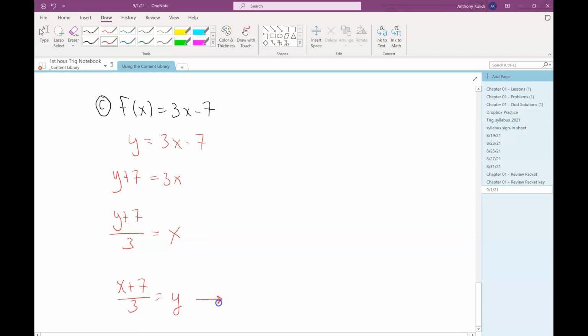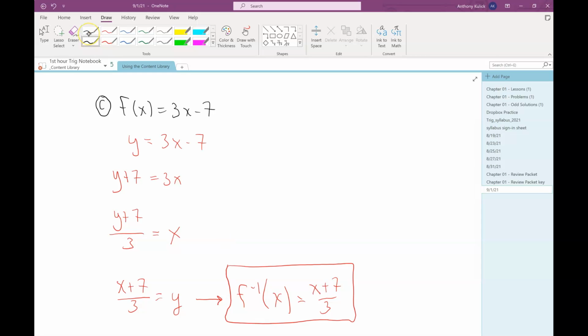And then my last step is to put it back into function notation. So instead of y, I'm going to write f inverse of x. And there's that. Are we okay there?